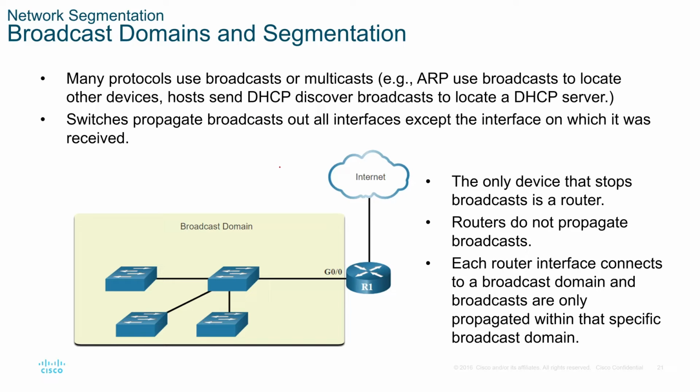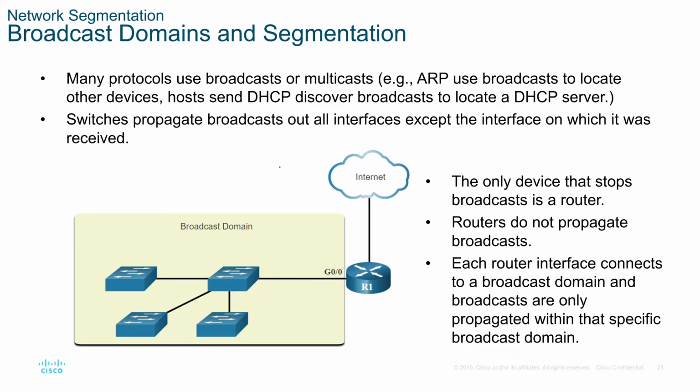Now, a network has different types of domains. First, there is a broadcast domain. When a host sends out a broadcast, such as a request to find a DHCP server, it goes to all the devices within the broadcast domain. The broadcast domain ends at the router.